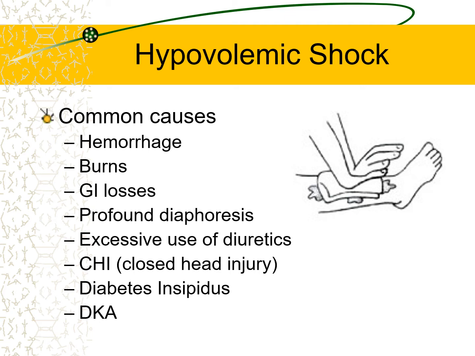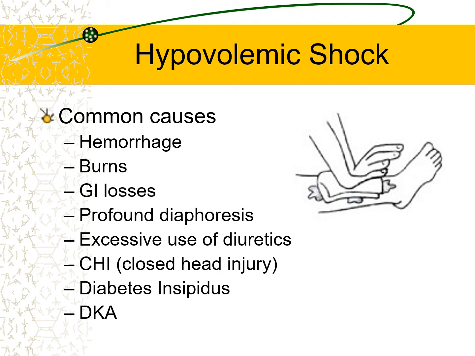And you've already studied DKA, and you know a feature of DKA is severe dehydration. That's the main thing. Even before we work on glucose, we work on hydrating these people. So DKA also can lead to hypovolemic shock. And we do talk about closed head injuries, because a lot of closed head injuries do lead to diabetes insipidus, which is a metabolic disorder in which they void large volumes of diluted urine.